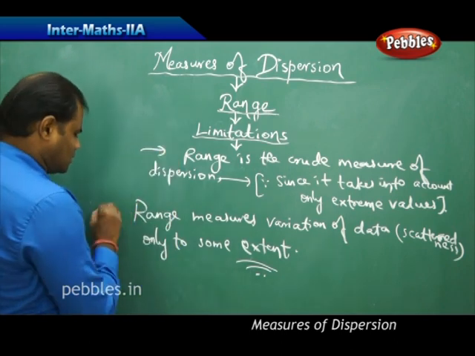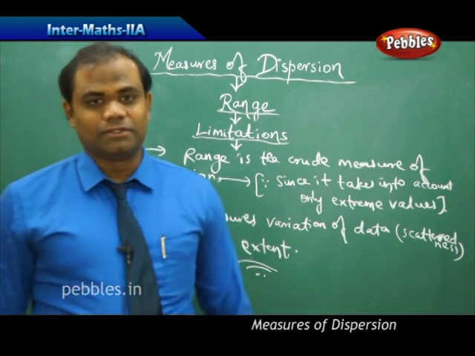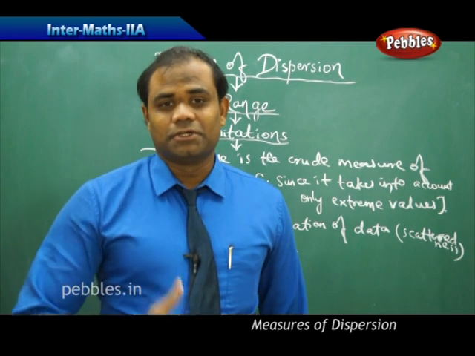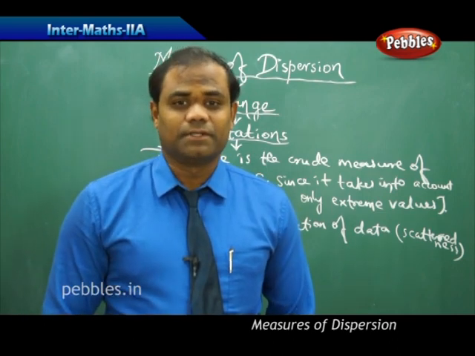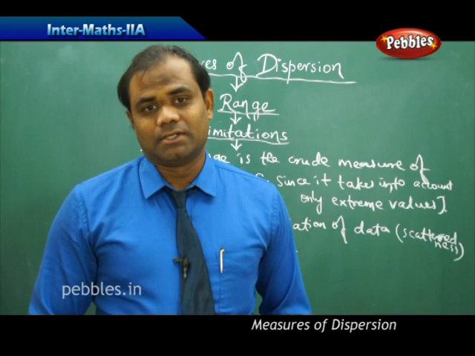And therefore, these are the two limitations of range, which make us search for a more modified measure of dispersion, which we are going to discuss.